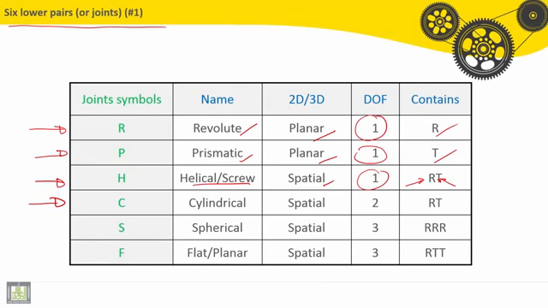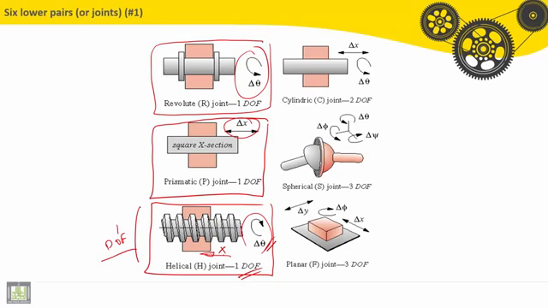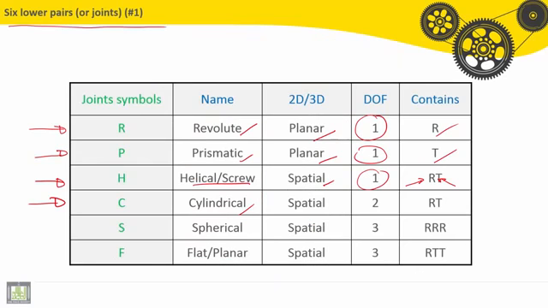Fourth one is called cylindrical. We can see it here, the cylindrical joint. Okay, so rotation and translation here are independent. So we have 2 degrees of freedom.